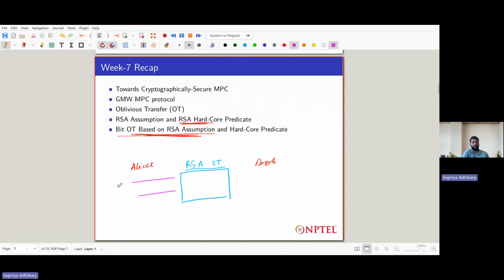Alice had 2 bits, M0 and M1, and Bob has this input B, all belonging to 0, 1, that means 1 bit. Then Bob can find MB but not M1 minus B. So based on RSA, we have seen how to construct this RSA-based OT.